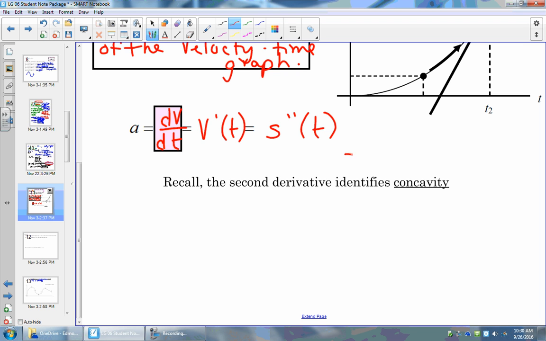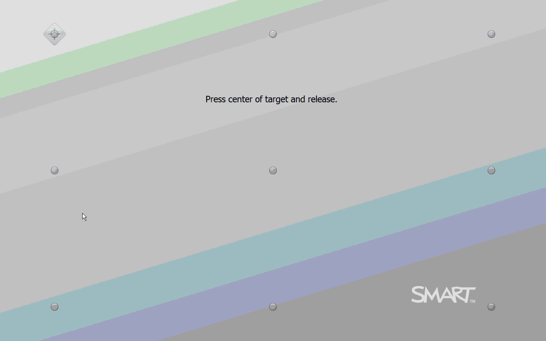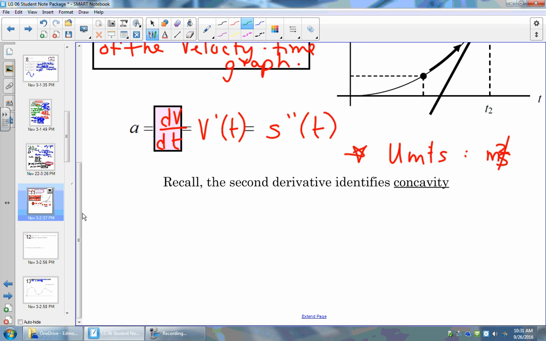And just as a little note for you guys, the units for this one are going to be meters per second squared. Sorry, I'm just going to do this board really quickly. Sorry about that.